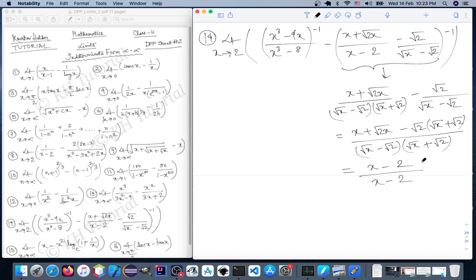So this becomes the limit as x tends to 2 of (x cube minus 4x) by (x cube minus 8), minus 1.